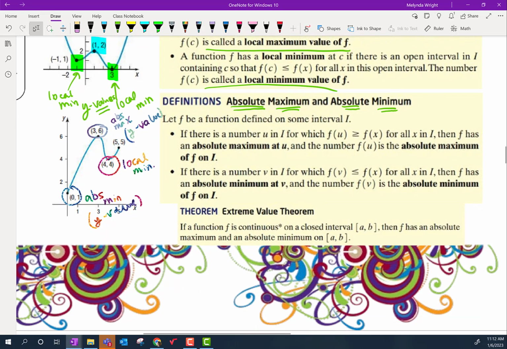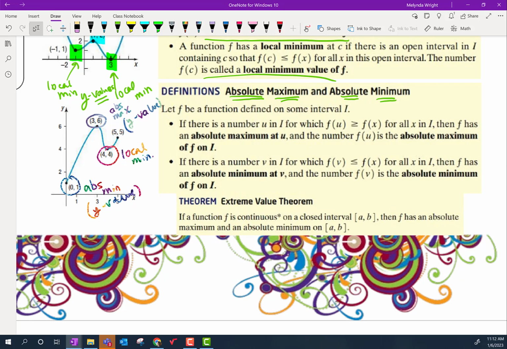So, extreme value theorem. This is another calculus thingy. Basically all this says is that if a function is continuous on a closed interval, then it will have an absolute max and an absolute min. That's all it's saying.